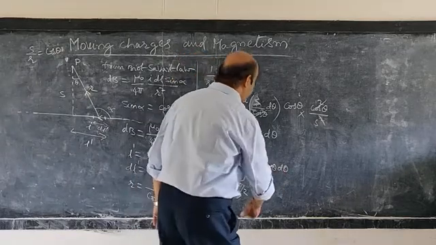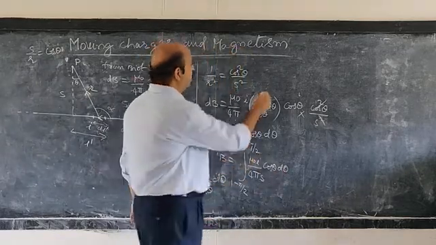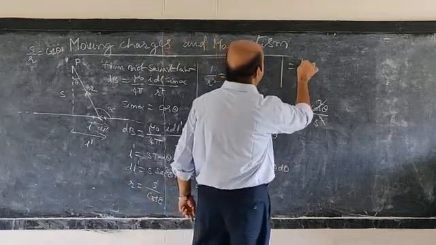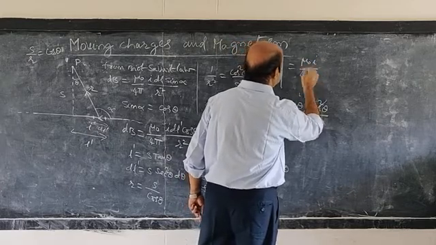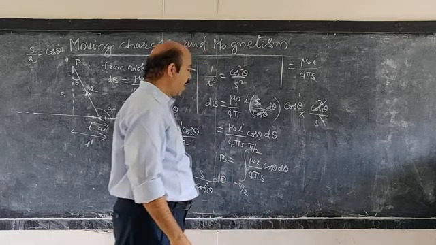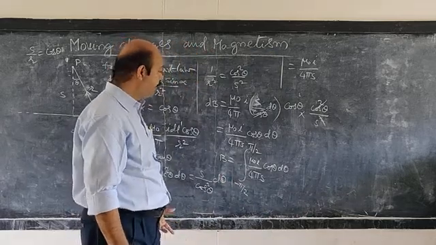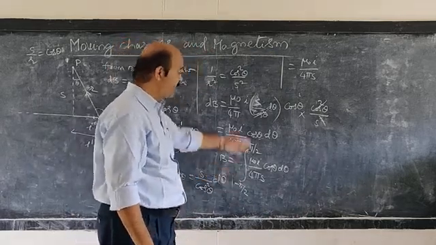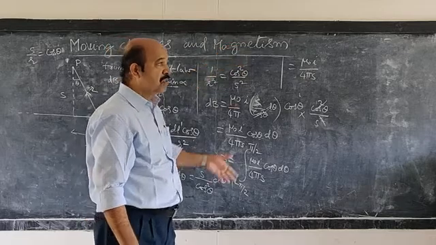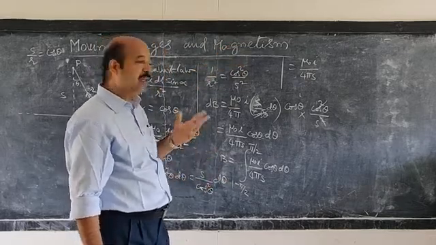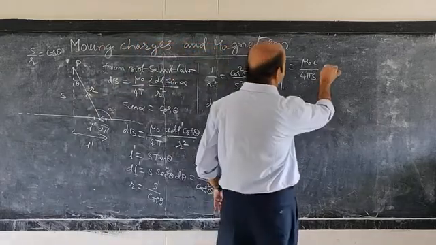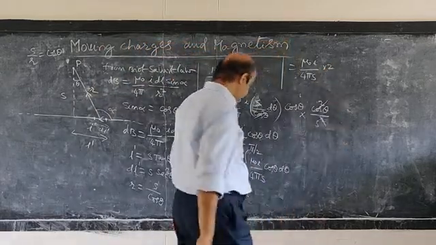So this on integration between the limits gives you mu naught I by 4 pi s. You know the integral of cos theta is sin theta, and between the limits minus pi by 2 to plus pi by 2, the sin pi by 2 value is 1. So 1 minus of minus 1, that will be 1 plus 1. Hence you will be getting it as 2.